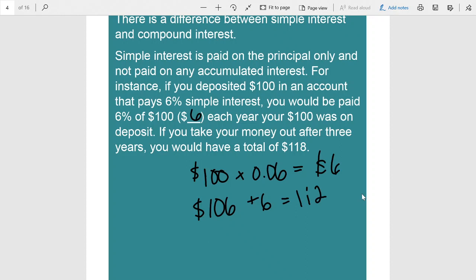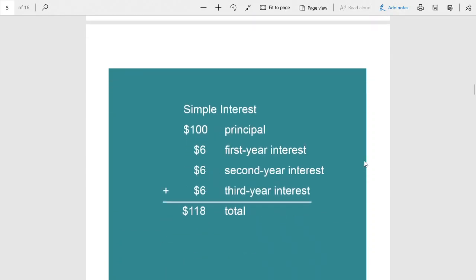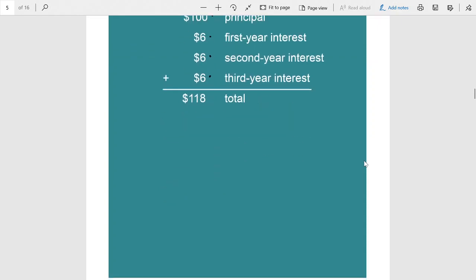And then it happens again. The next year we only get $6, and so we have a total of $118 by the end of the third year. So put a different way, we see it like this. If we put in $100, in the first year interest we have $6, second year, third year, also $6 for a total of $118. But once again, this doesn't happen very often.